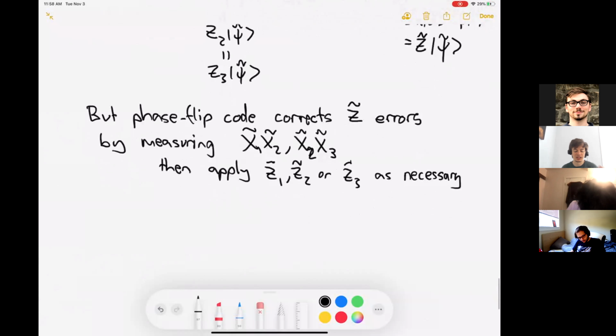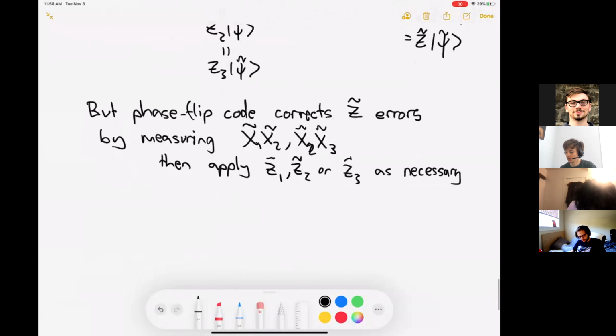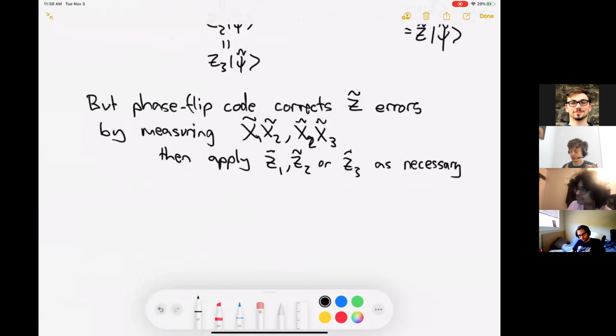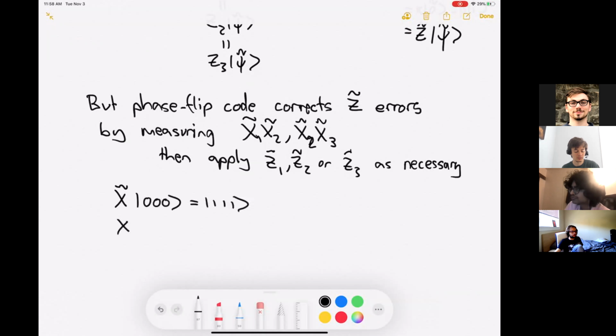Of course, each of these tilde things are really a logical operator acting on the bit flip code. So we have to think about what they do to physical qubits, right? One of the x tildes really takes 0 tilde to 1 tilde, but that means it takes 0, 0, 0 to 1, 1, 1, and it takes 1, 1, 1 to 0, 0, 0.